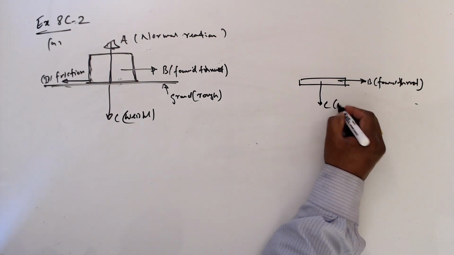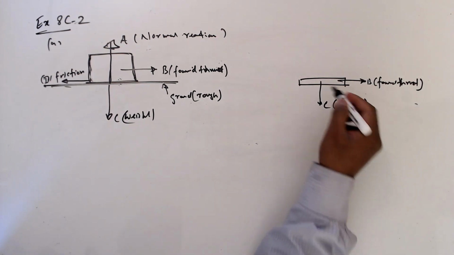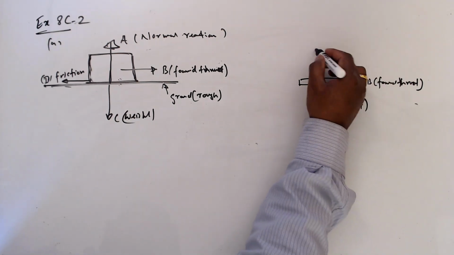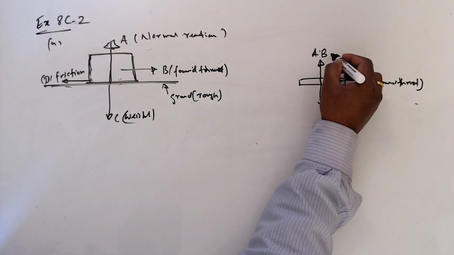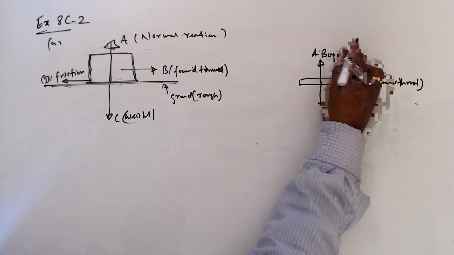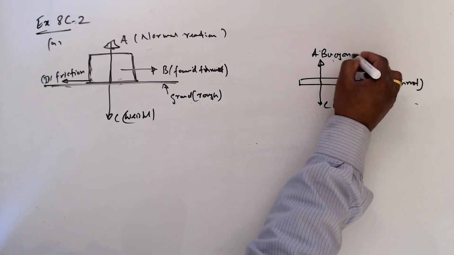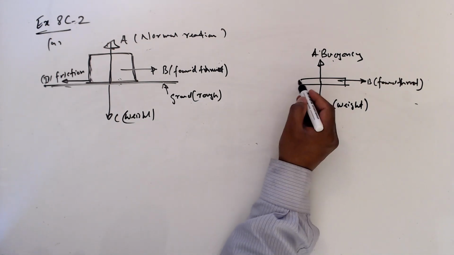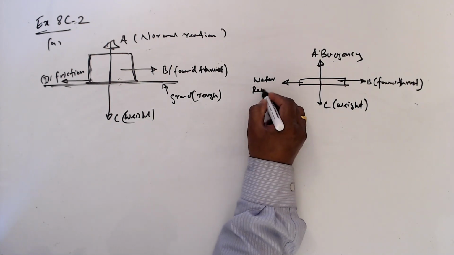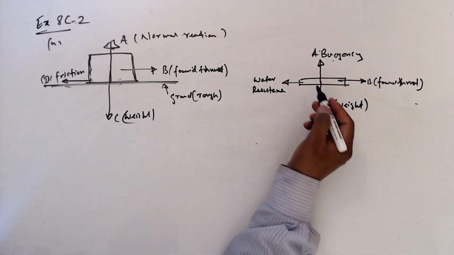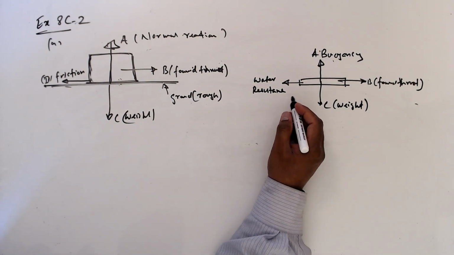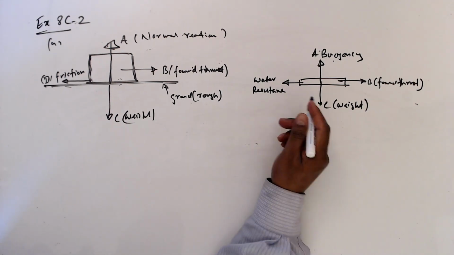C is as usual weight, and buoyancy. A is this one, water resistance. Water resistance usually depends on the density of the water or density of the liquid.